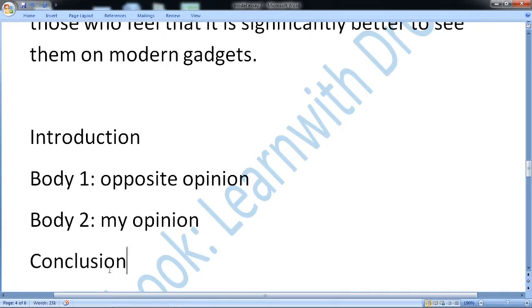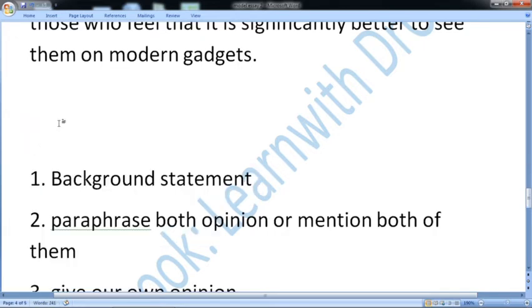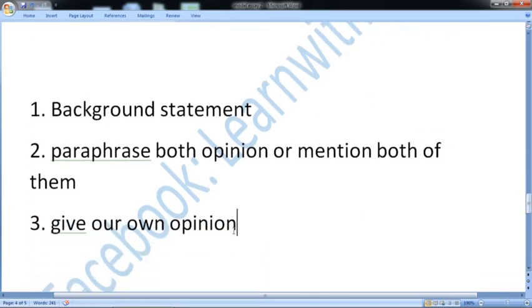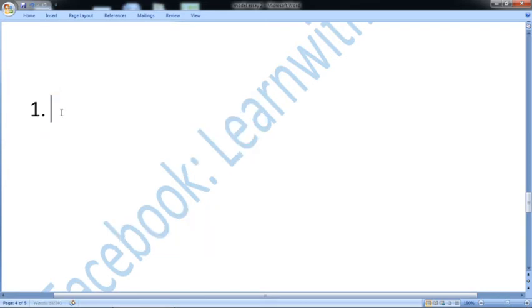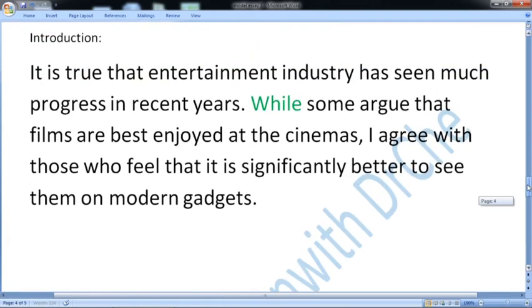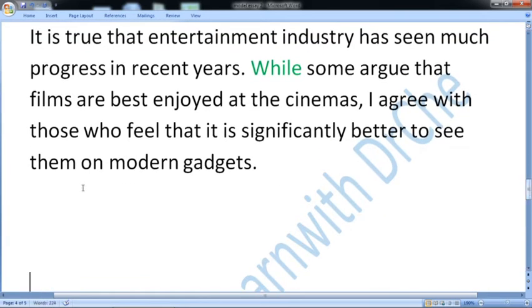We have already written the introduction, note them down. This is how we would organize discuss both sides and give your opinion essays. So I would delete them. This is for the introduction: background statement, paraphrasing, and giving your own opinion. Let us delete them also. And now we will move to our first body paragraph.